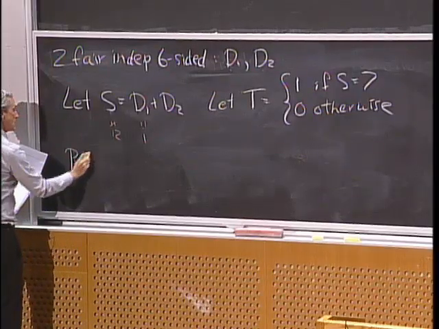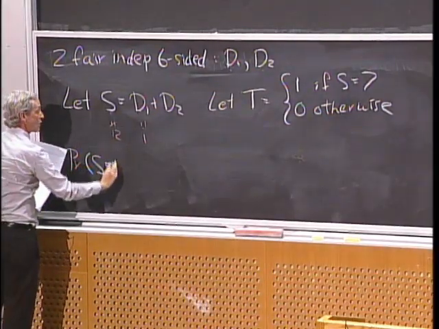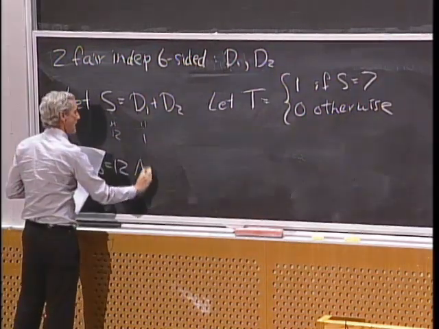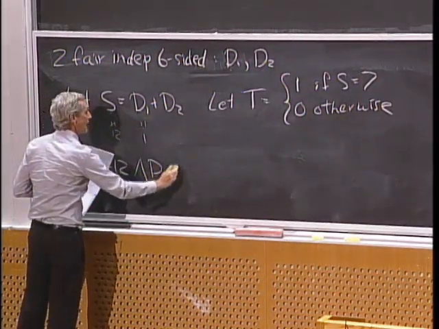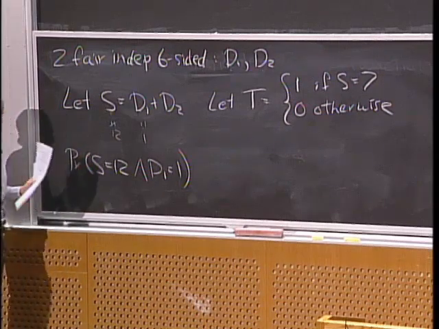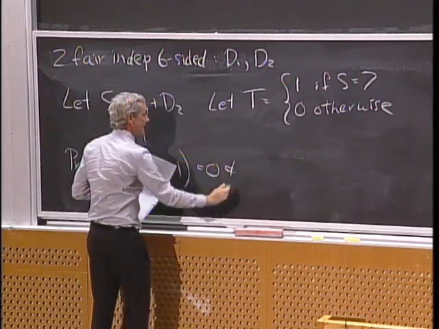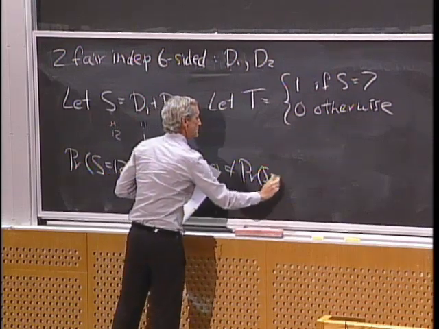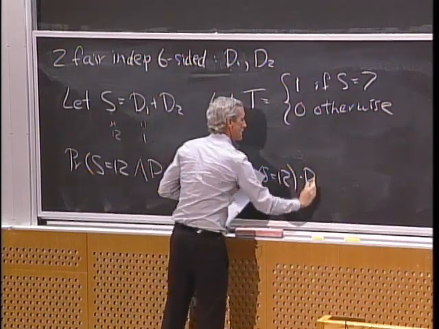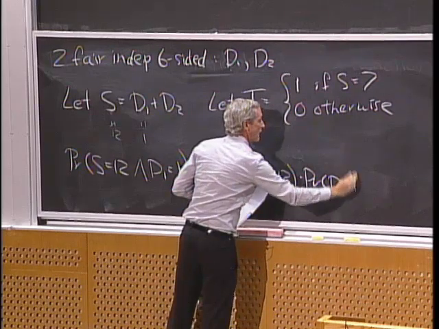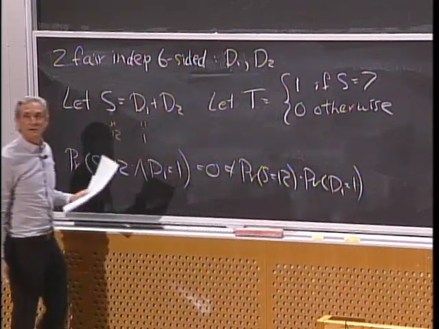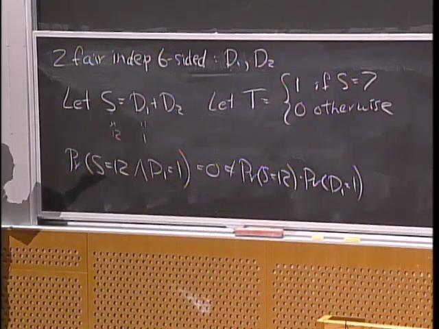So what I could do is say the probability that S equals 12 and the first die was 1, what's that probability? 0. And that does not equal the probability S is 12 times the probability the first die was 1. Or we could plug it into the other definition.